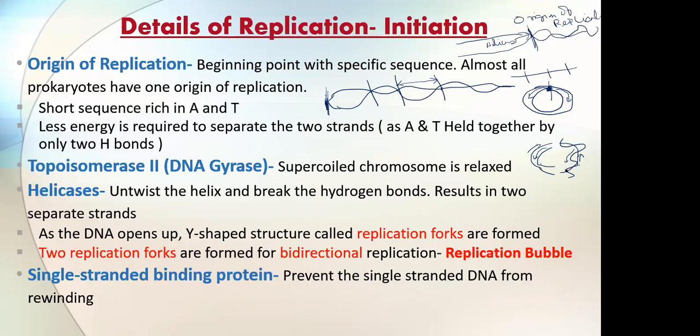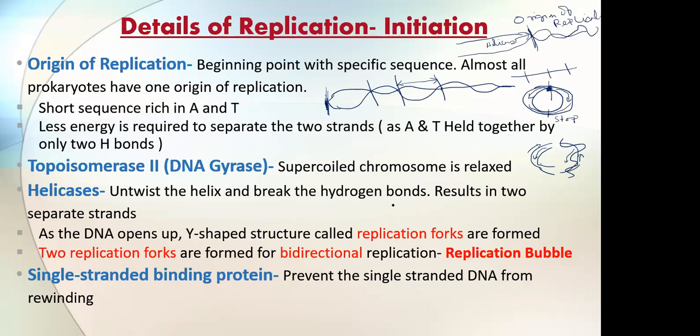Ultimately, when they meet, they stop replicating. So for prokaryotic DNA replication, it's bidirectional but has only one origin of replication, versus eukaryotic, where we have multiple origins of replication.